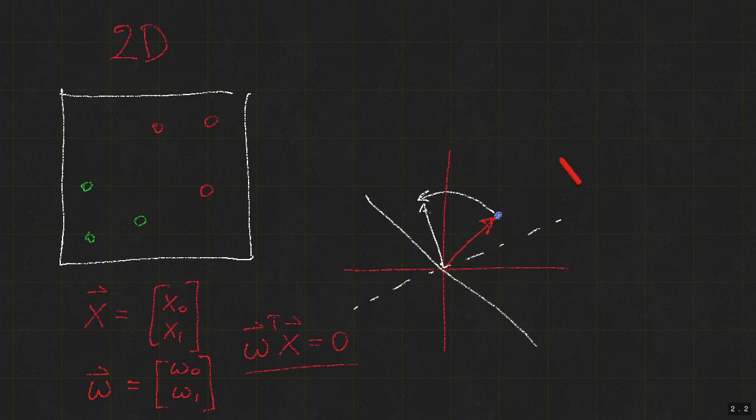But as you notice, scaling w back and forth wouldn't change the line direction. By rotating w around, we can orient the separating line, but we cannot separate all of the classes.